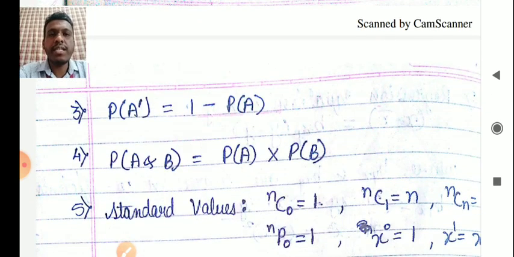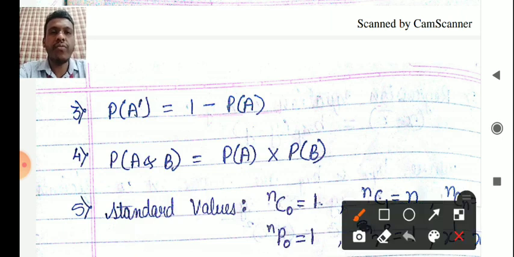Also note down this third formula, that is probability of A dash, that is complement of A. A dash is complement of A. It is also sometimes written as A bar. One of these two is used, either it is shown as A dash or A bar.